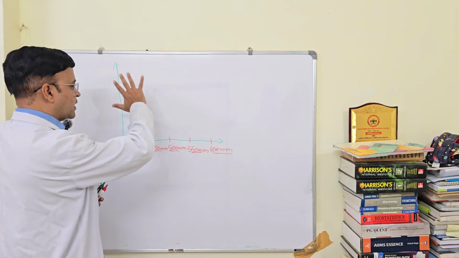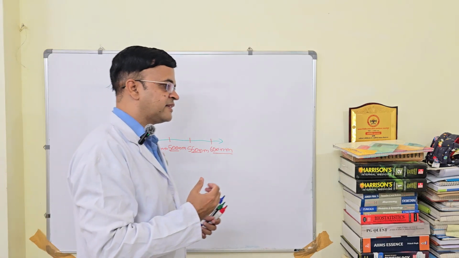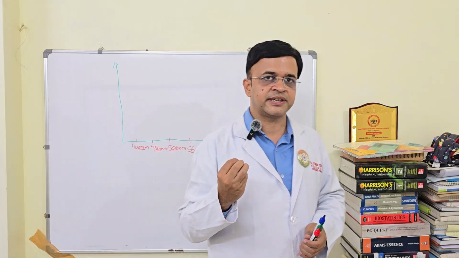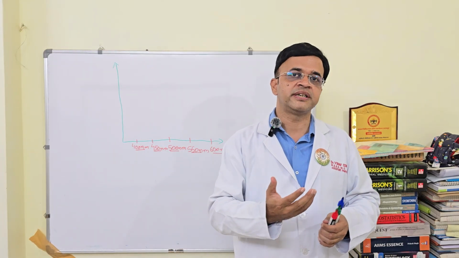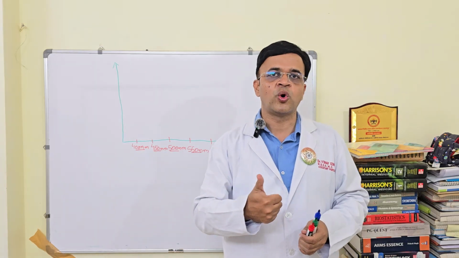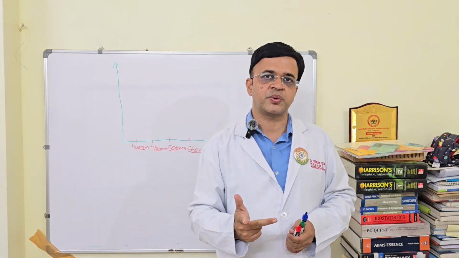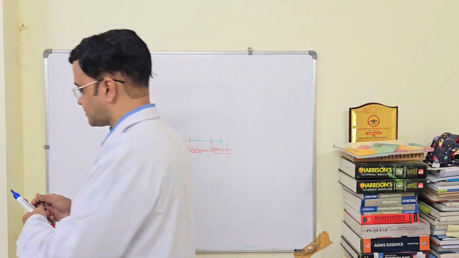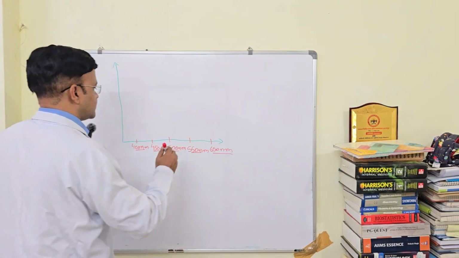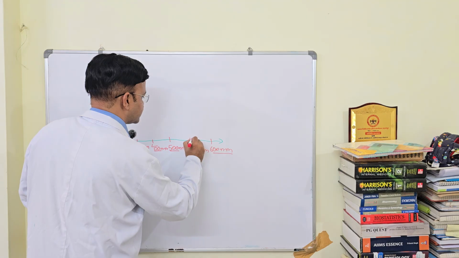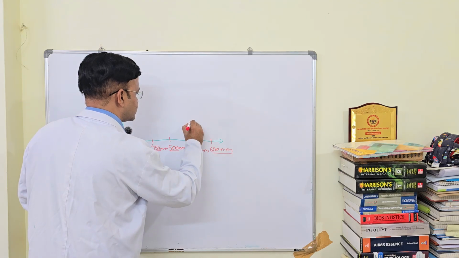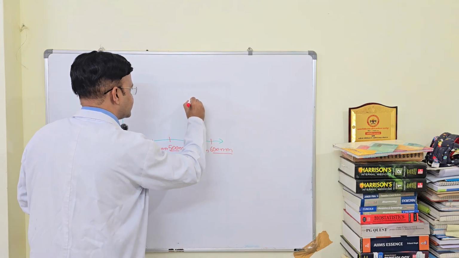Now, according to trichromatic theory, we have three types of cones: red, blue, and green. In modern terminology, we call them L cone, M cone, and S cone. So at 560 nanometer, I'll draw a dotted line here.